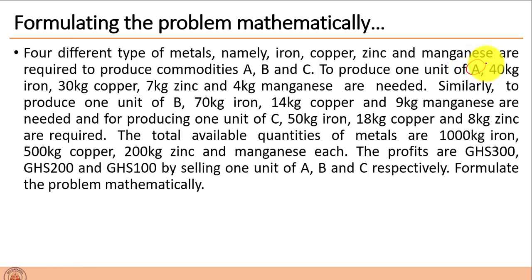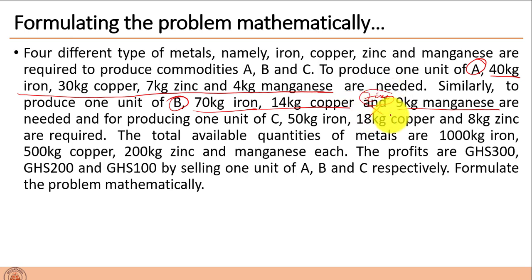So let's take all this and write it here because we will need to come back for these numbers. Similarly, to produce B, we need 70 kg of iron, 14 kg of copper, and 9 kg of manganese. So zinc is not needed here.